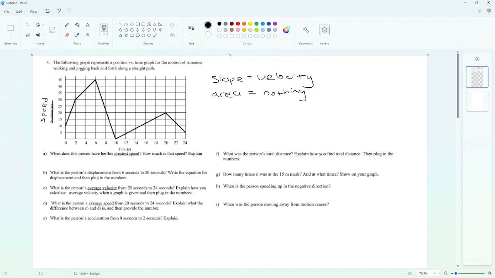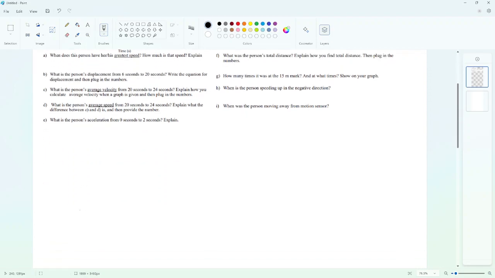All right, so now that we know these 2 things, let's read question number 1A again. When does the person have his or her greatest speed? How much is that speed? Okay, so let's look here. If we're dealing with speed and we know that the slope is speed, let's see, where is this slope the greatest? Well, slope is going to be x over y, right?